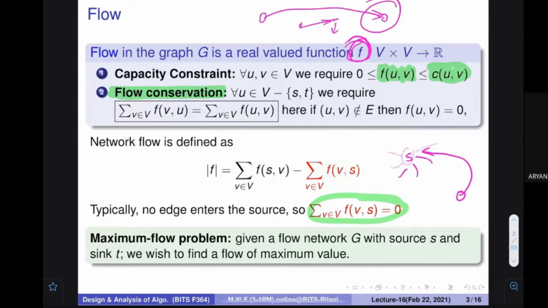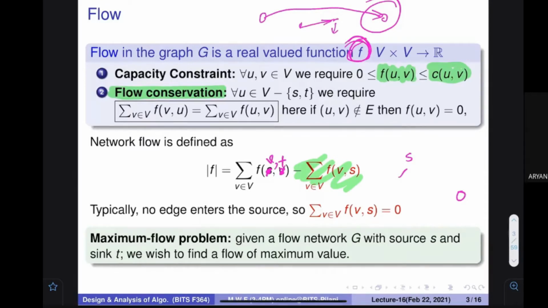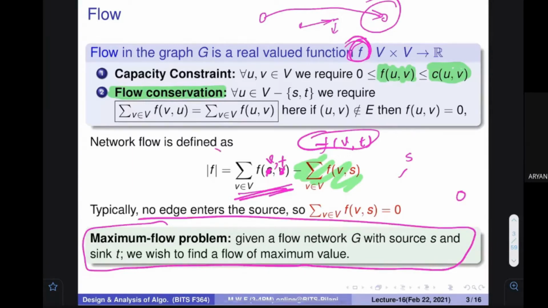For all the vertices which are sending to T, the summation of F(V,T) is given, and this quantity should be equal to the previously written quantity, because nothing is being stored in the network. We know what the maximum flow problem is: we want to find a flow so that this particular quantity is maximized. And this is actually the flow.